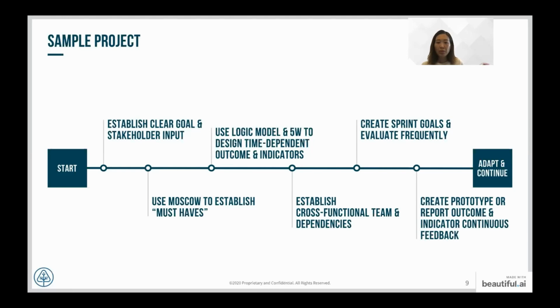And then you establish cross-functional teams and dependencies and clearly spell that out and communicate. Once that's accomplished, it is important that you have a clearly defined sprint goals that's manageable and tangible. And then you can create prototype or report out your outcomes with indicators while you get more continuous feedback.